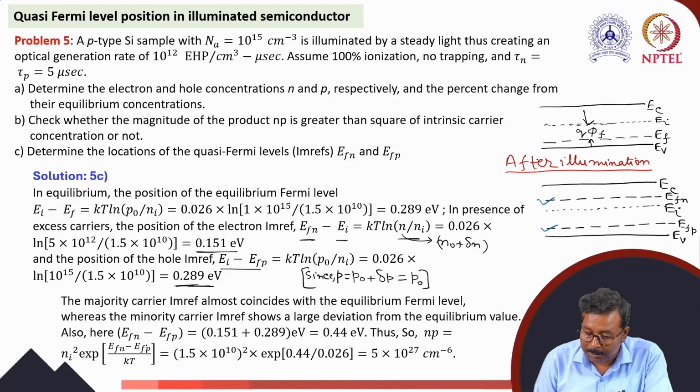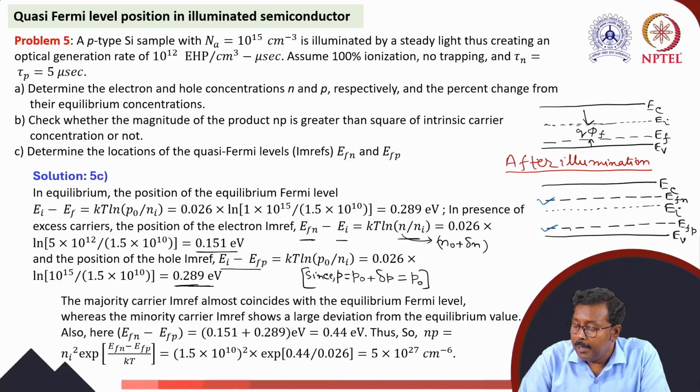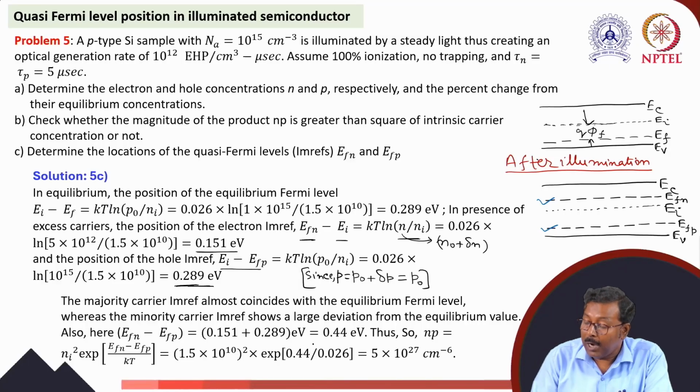Another formula, if you see, is the difference between EFN and EFP. This gives you the product of NP. How? Because Ni squared into exponential of EFN minus EFP, the difference between the two quasi-Fermi levels, divided by kT, gives you the amount of product NP.